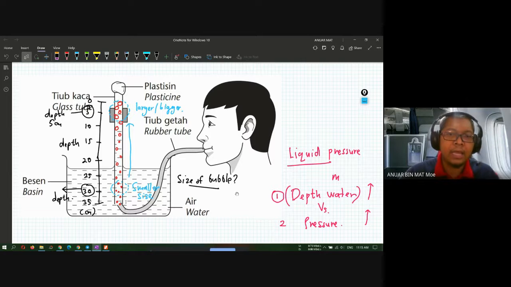Okay, as it goes higher, the pressure is less, so the air bubble becomes bigger. Okay, can you understand this, class?